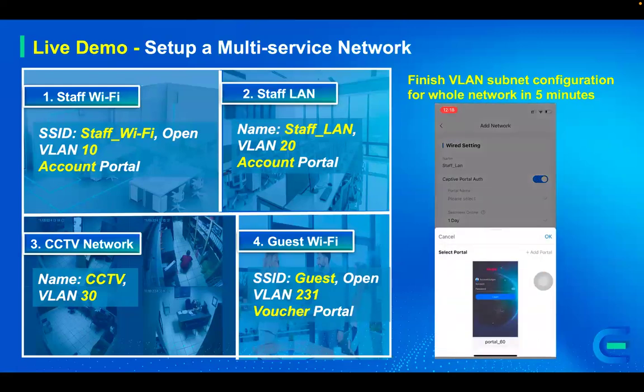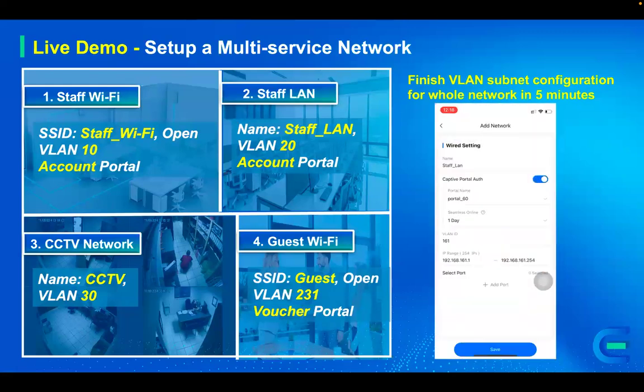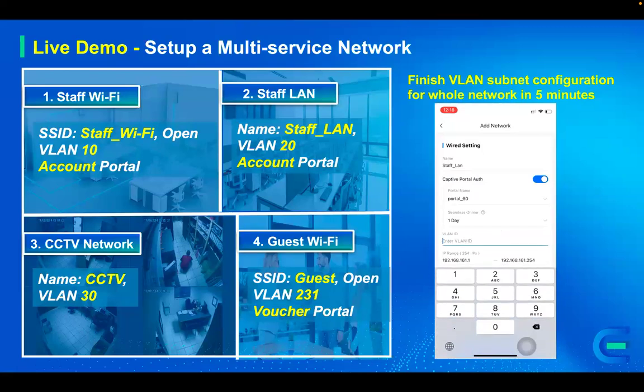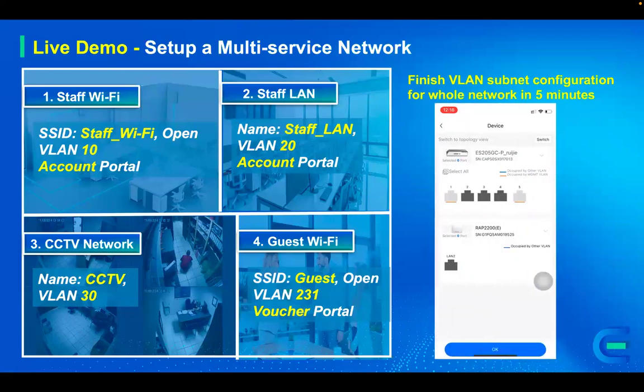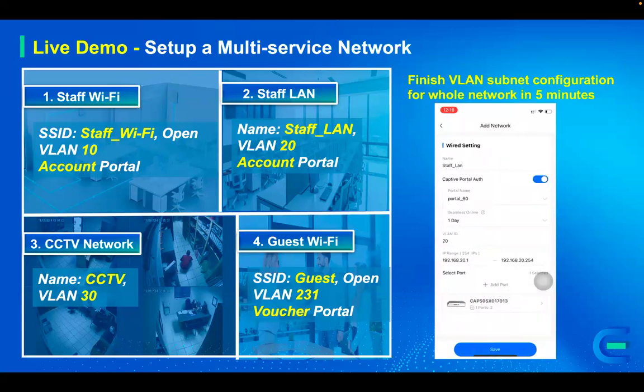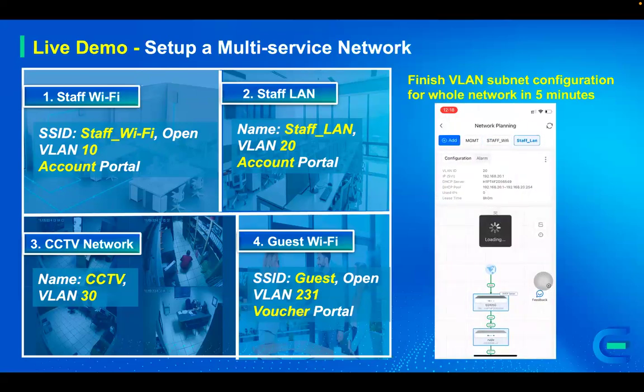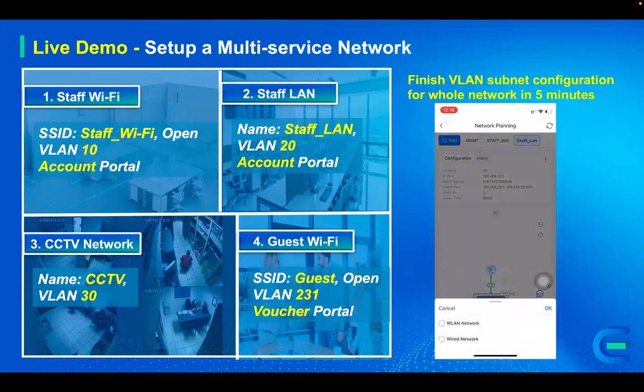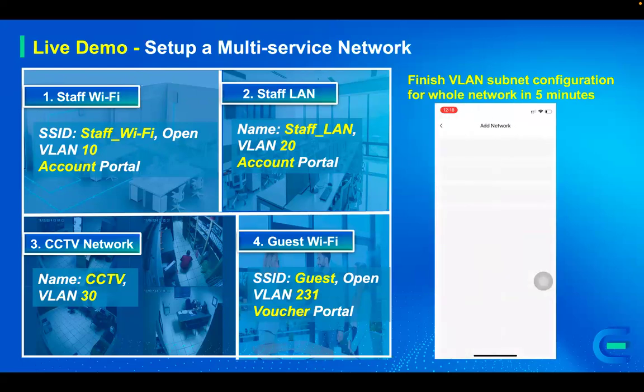The VLAN ID will be 20. You need to select the switch port and save this. So this VLAN is also created here. Now we have the third scenario, the CCTV network. That will also be created as a wired network.